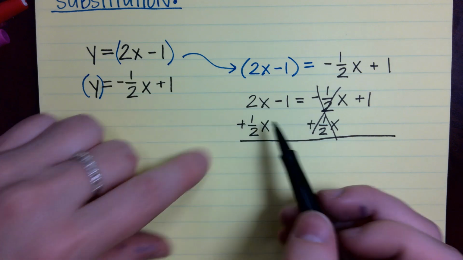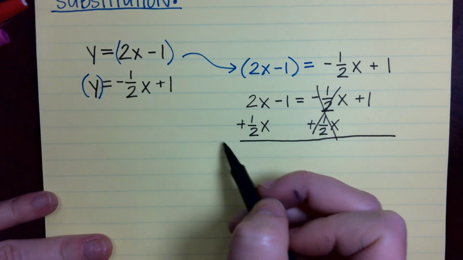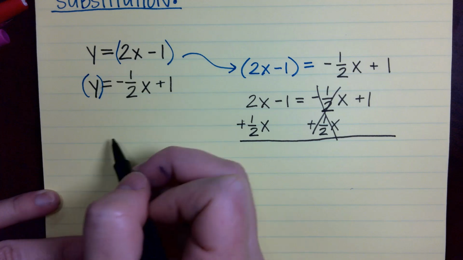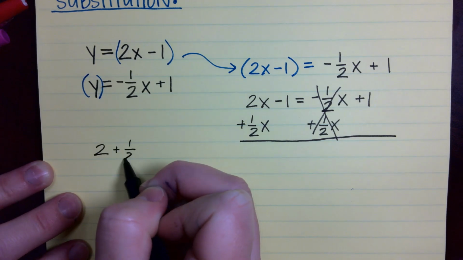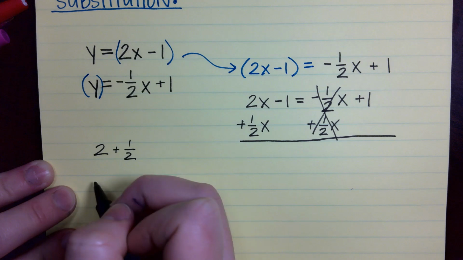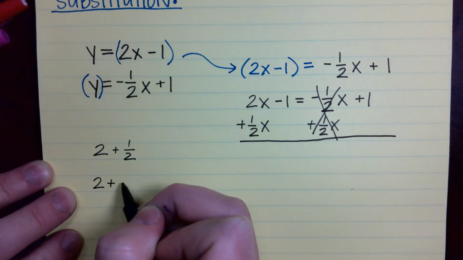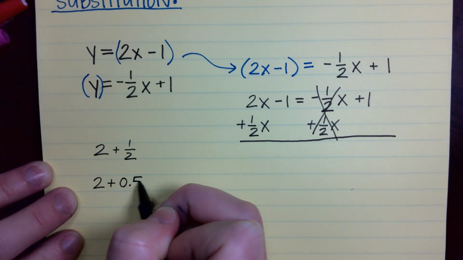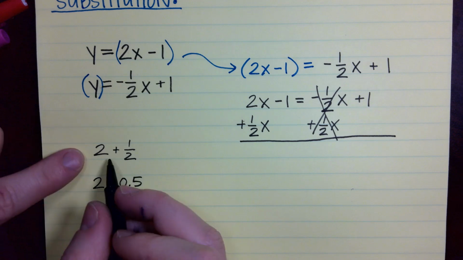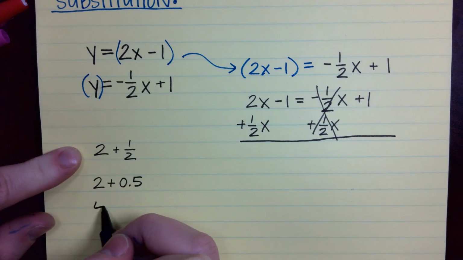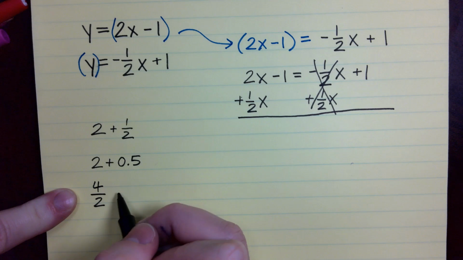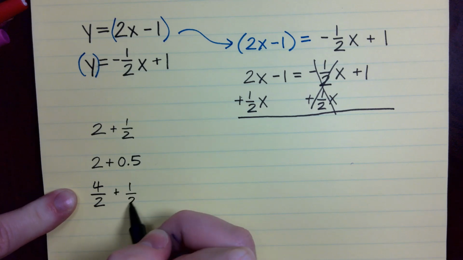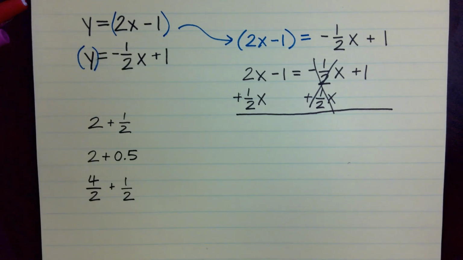So here, let's talk about what's happening here. We've got basically 2 plus 1/2. We could also think of it as 2 plus 0.5. We could also think of it as 4 over 2 plus 1 over 2. So here's all the different answers that would work.